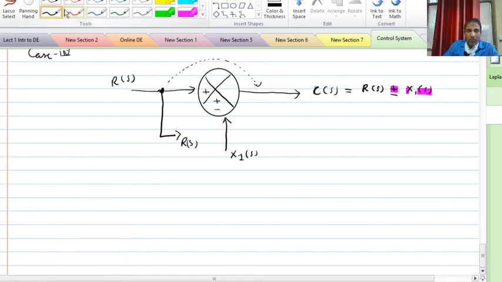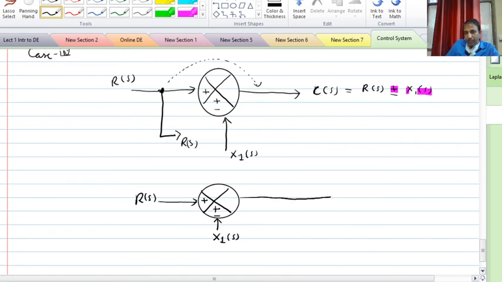So the block should be like this, this is plus plus minus, this is X1S, this is RS, this will be CS equals RS plus minus X1S, and if we shift this takeoff point from this side to this side, we will get another CS, but we need to subtract this part.